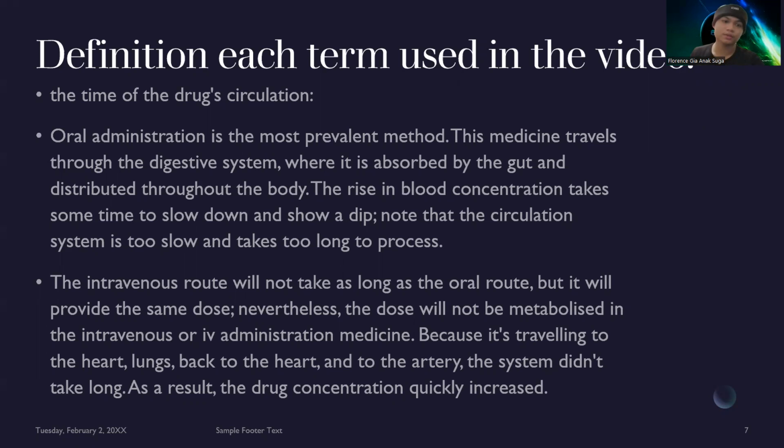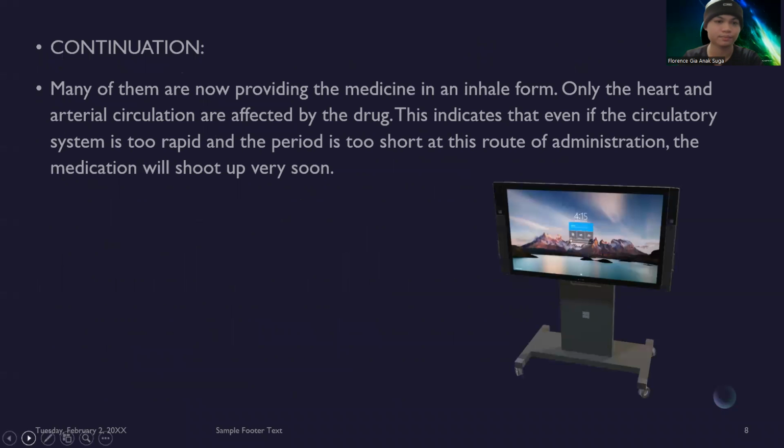The intravenous route will not take as long as the oral route, but it will provide the same dose. Nevertheless, the dose will not be metabolized in intravenous or IV administration. Because it travels to the heart, lungs, and back to the heart and to the artery, the system doesn't take long. As a result, the drug concentration quickly increased.